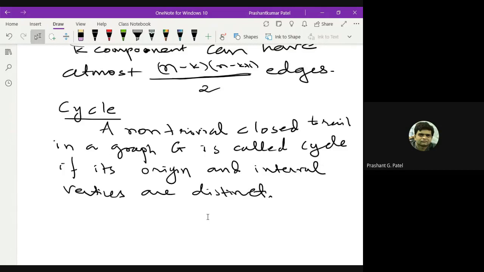So a trail in which every edge is different is called a trail, and it is a closed trail. That means its terminus and the origin are the same. But it also adds one more condition, that the origin and the internal vertices are distinct. So that is called a cycle.